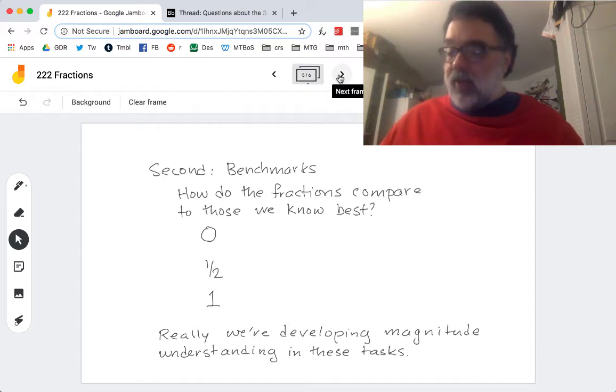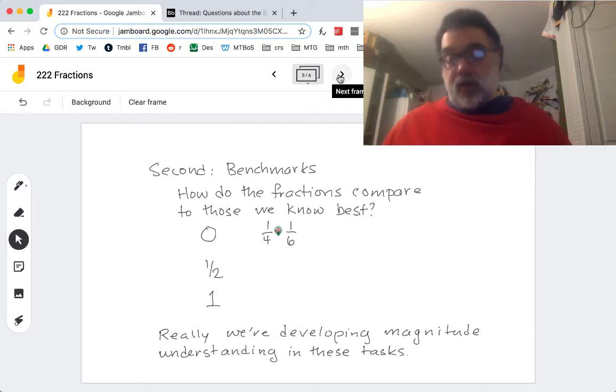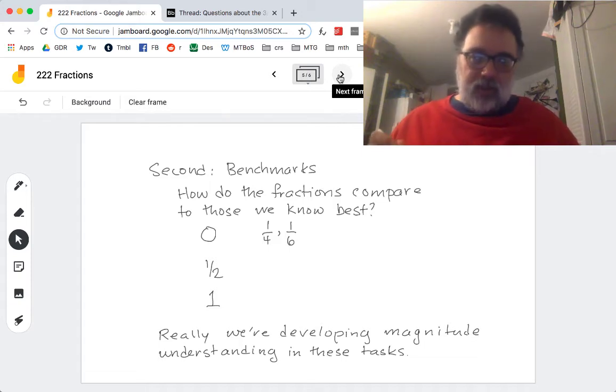Like if we have two numbers we're comparing, 1/4 and 1/6, and we just talked about a way to compare them because they have the same numerator. But we could also think about them in terms of which one's closer to 0, right? If we've started having some sense of magnitude, that sixth being a smaller piece, maybe we're visualizing it even closer to 0.